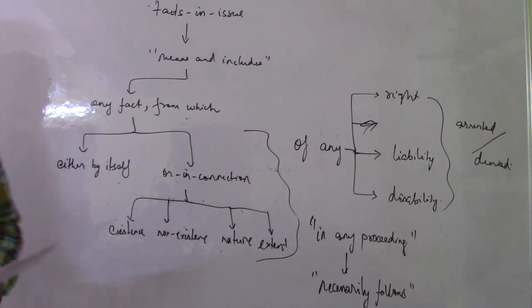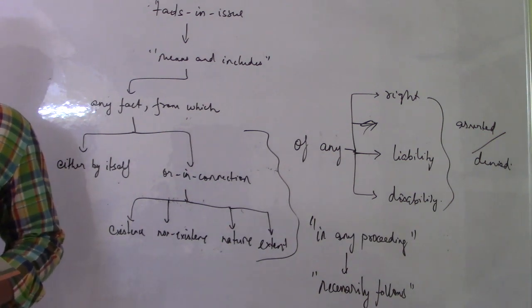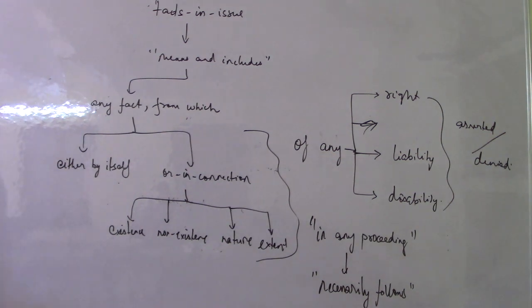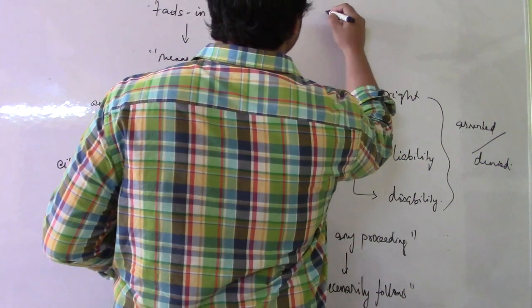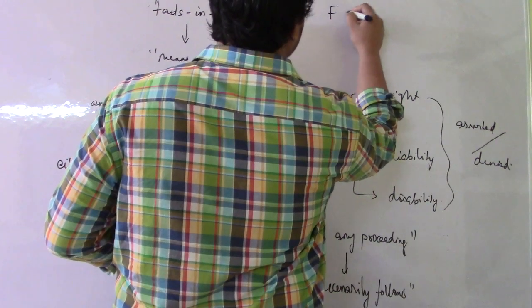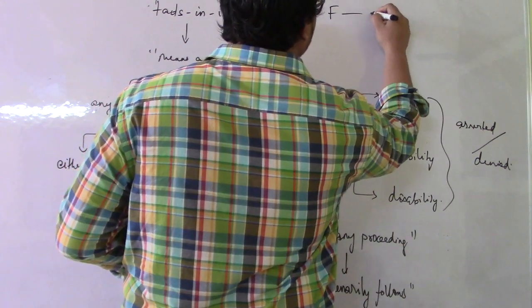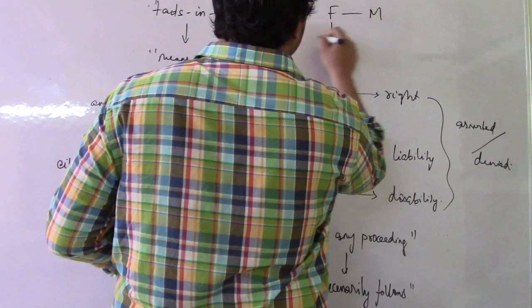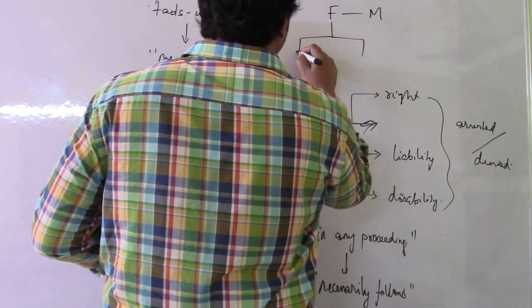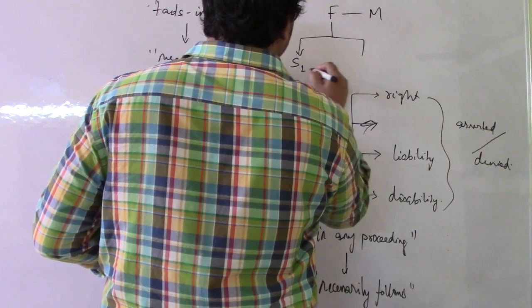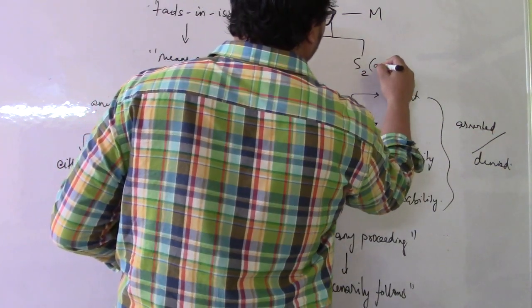Let us say that we are talking about a succession suit. Now, I'll give you the facts over here. Let us say this is a father. This is the mother, this is son 1 and son 2.